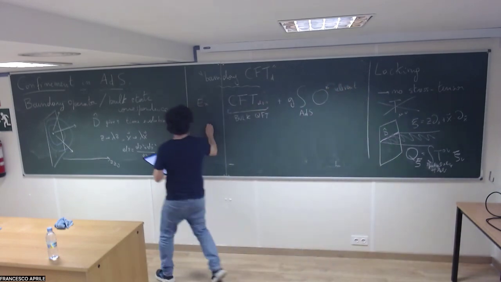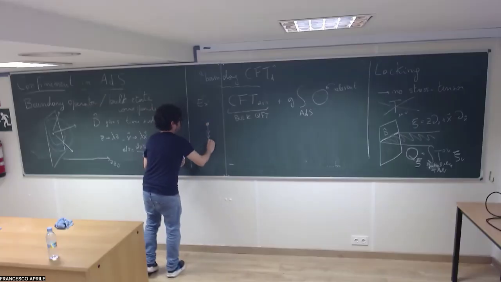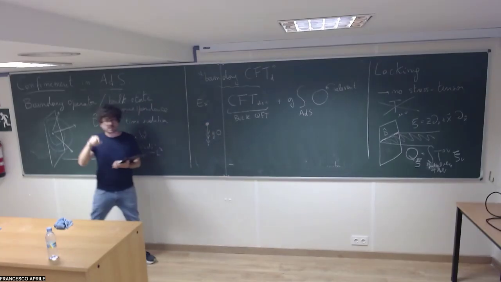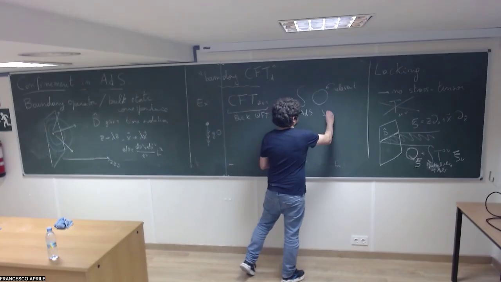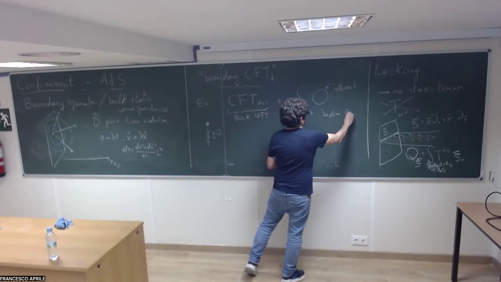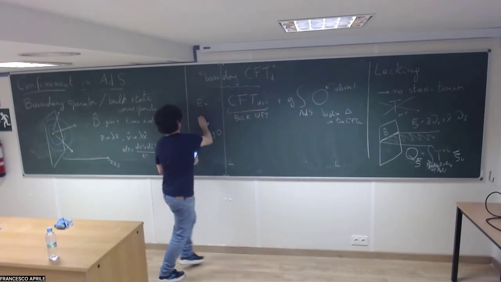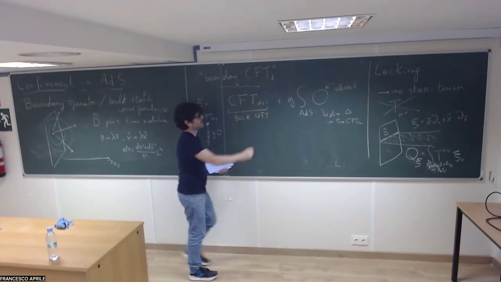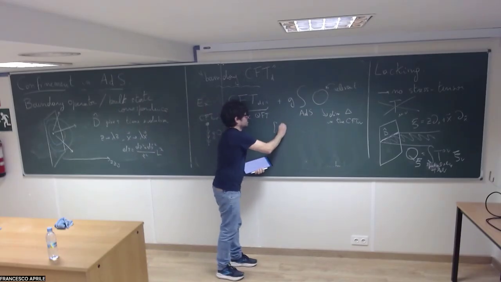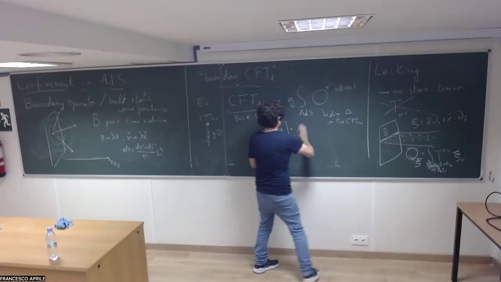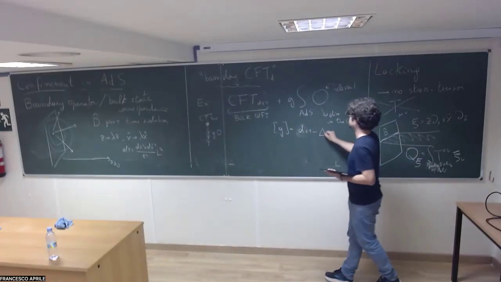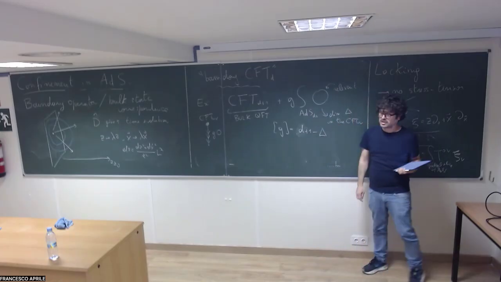Okay, so in the bulk, now I have this CFT deformed by g times O. Now, suppose that this operator has dimension delta in the UV CFT, this starting point. Then you see this coupling g has some dimension, which, sorry, I forgot to say, is d plus 1 minus delta, just by dimensional analysis.